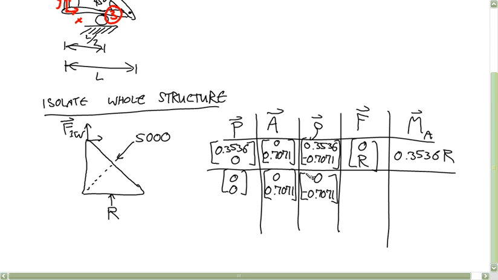The force vector is negative 3535.5, negative 3535.5.